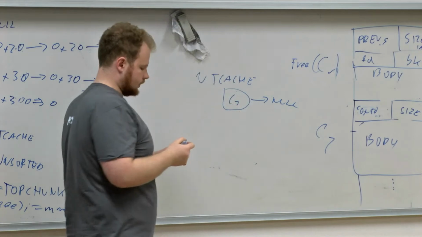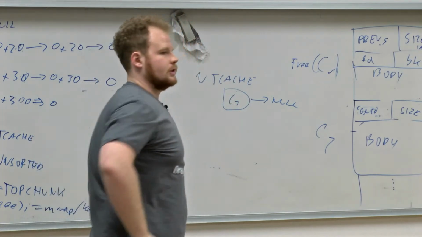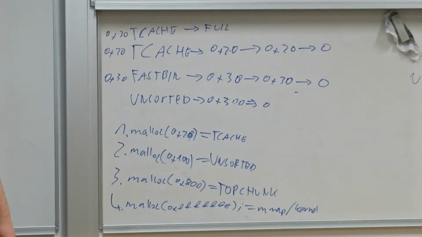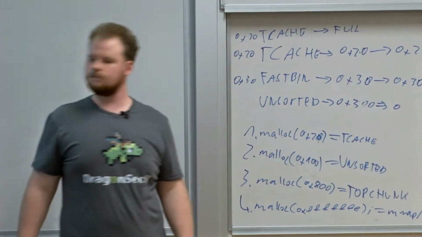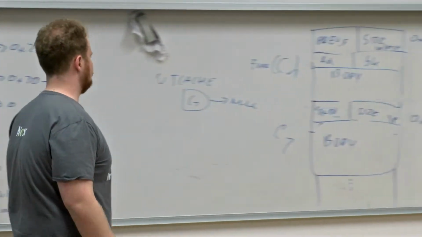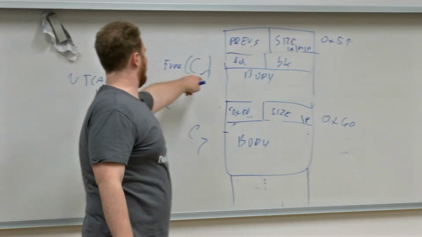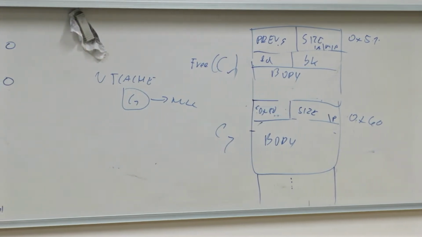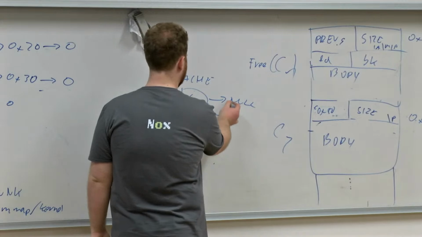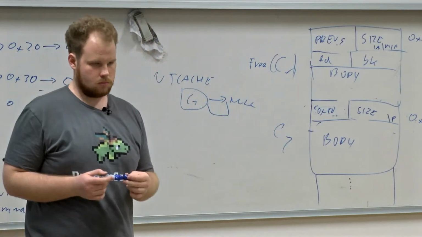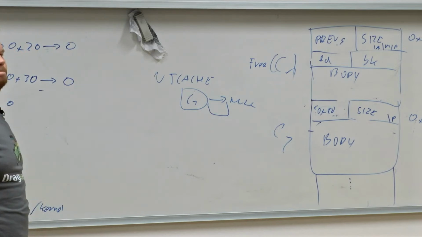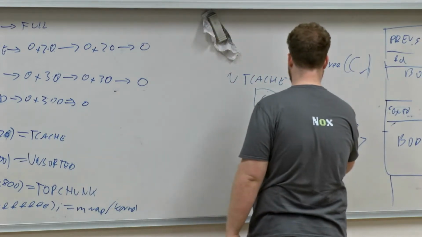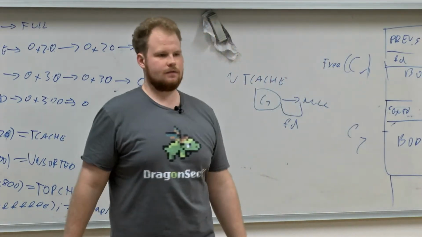And the Tcache will look like this. What is the problem if you can write to this chunk? Where is this address written? It's in the FD, the forward pointer.